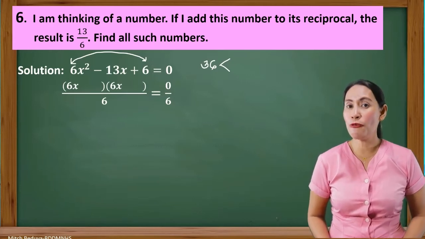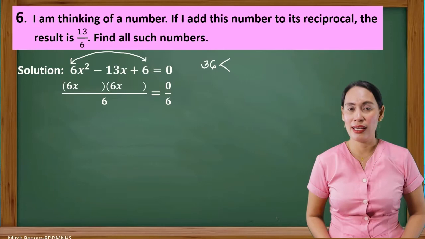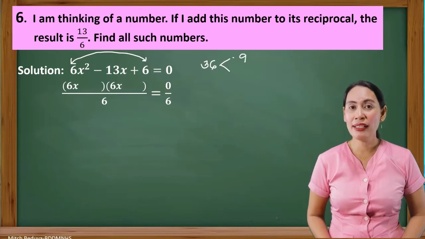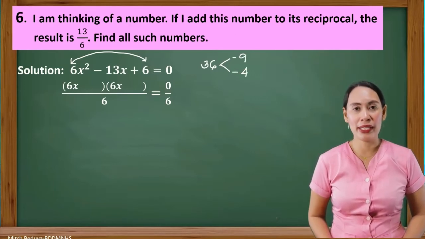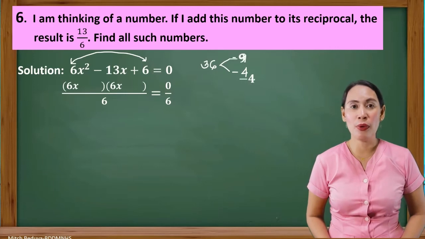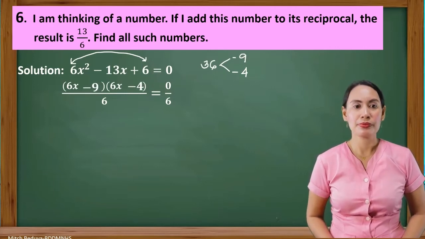So what are the two factors of 36? Yes, the two factors of 36 are negative 9 and negative 4, because negative 9 plus negative 4 equals negative 13. So that is the value of the coefficient of the second term.